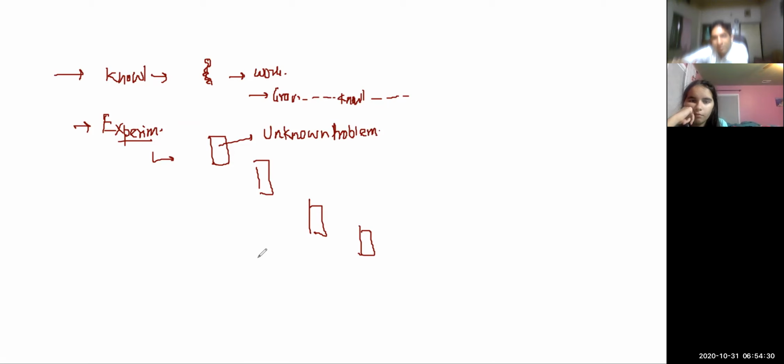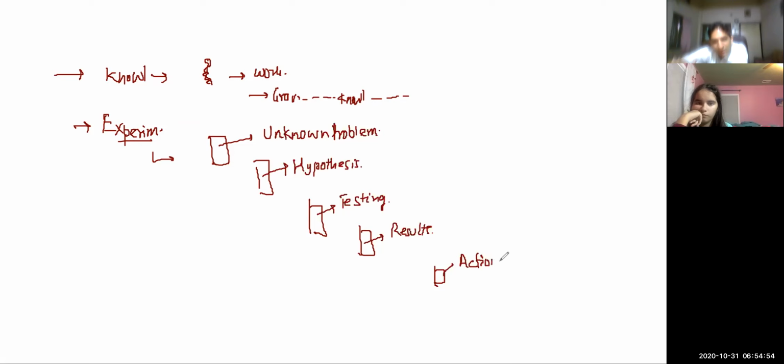The second paragraph would be hypothesis. The third paragraph would be testing. The fourth paragraph would be results. And the fifth paragraph would be either the documentation of results, or certain actions, or conclusion.